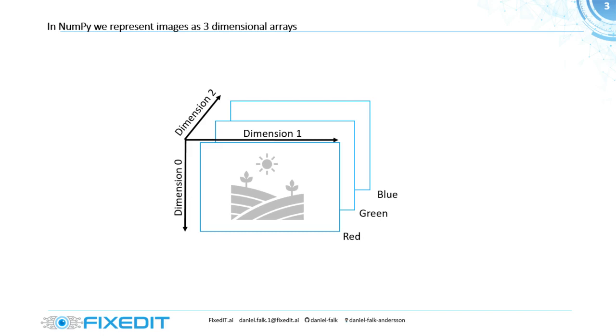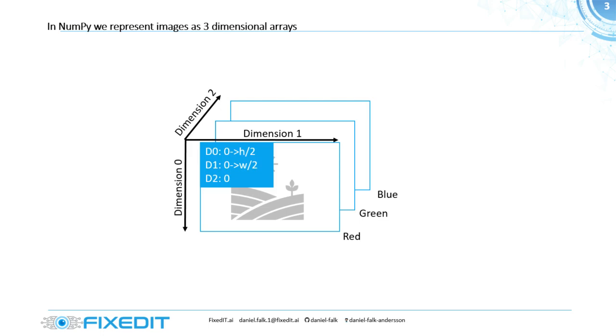So what if we would like to address all the pixels in the red color plane in the top left half? We could do that by specifying a range of pixel values for each dimension. So in dimension 0, we would address index 0 to index height divided by 2.